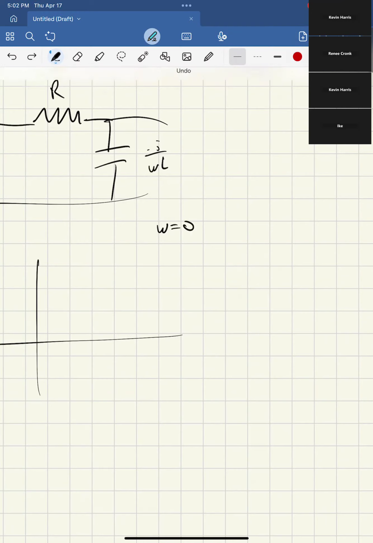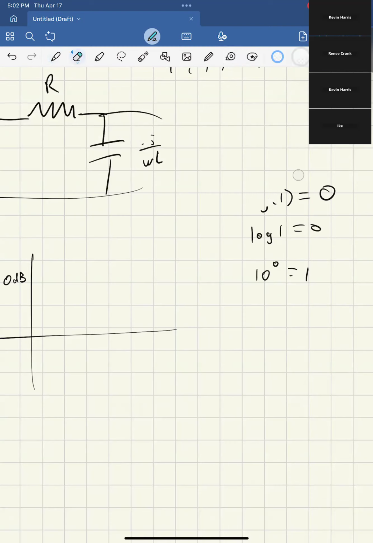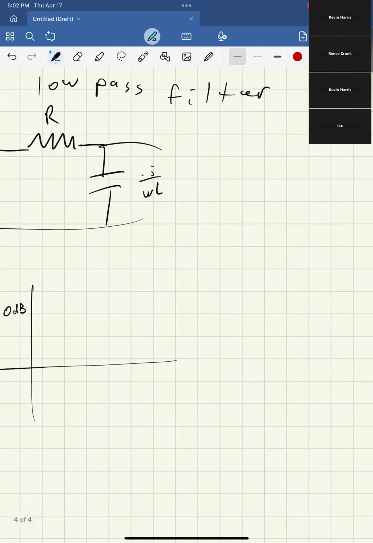So at DC this is an open circuit, and what you get is 0 dB. 0 dB is equal to 1, because 20 log of 1 gets you 0. Log of 1 equals 0, because 10 to the power of 0 equals 1. So 0 dB means that the signal from the input to the output does not change.